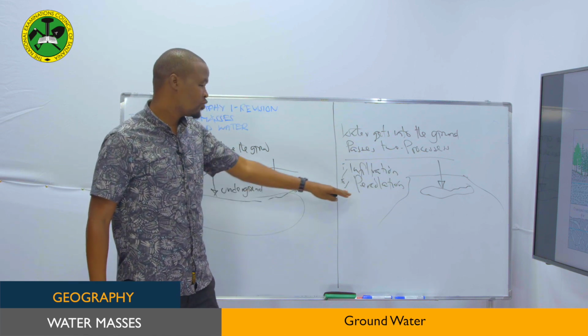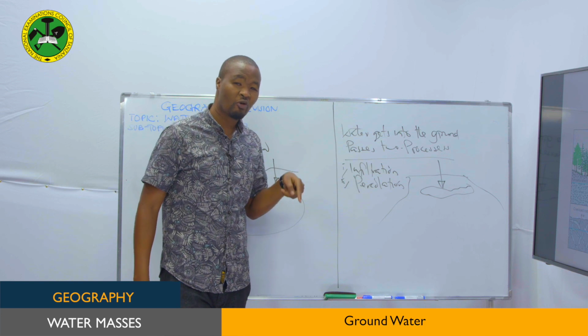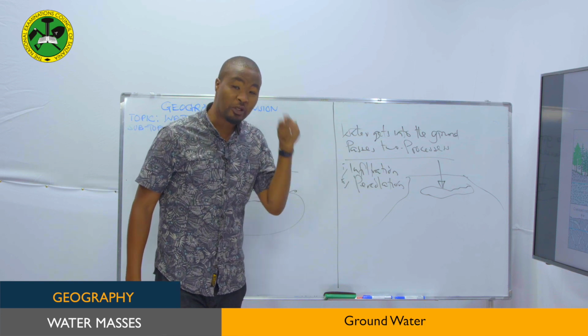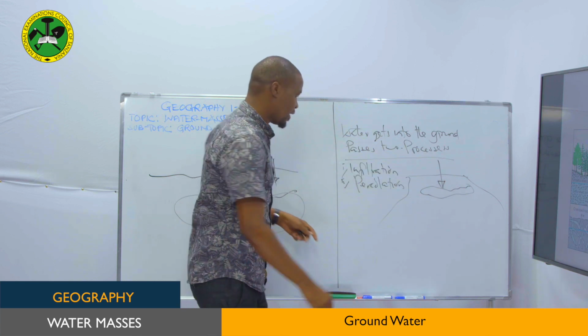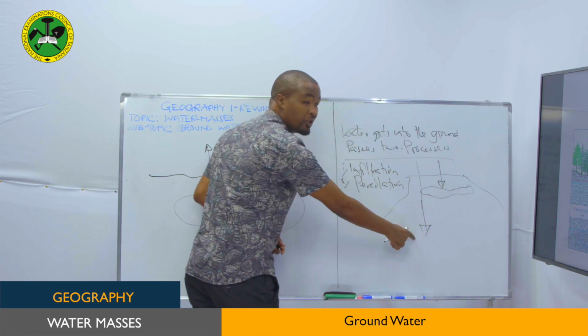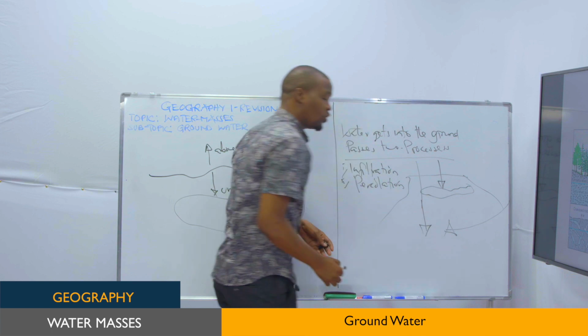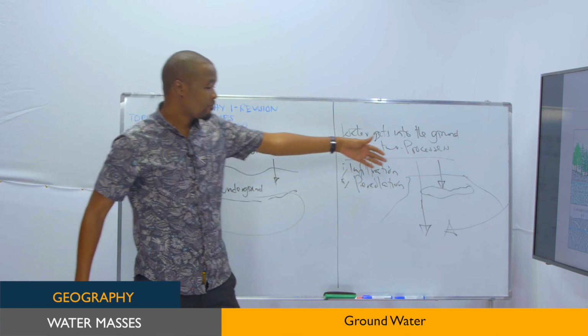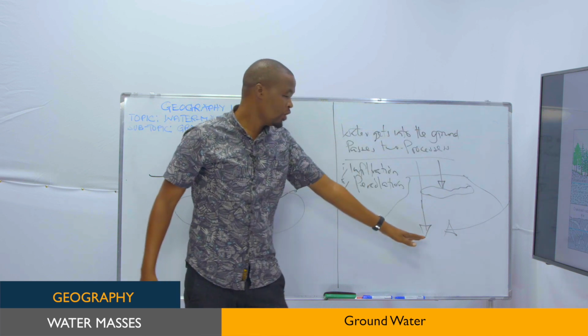But coming to percolation, percolation refers to the further movement of water underground, deep into the interior, either vertically or horizontally. Are we together? We say vertically or horizontally because sometimes water from the sea may percolate inland, from the sea into the land.